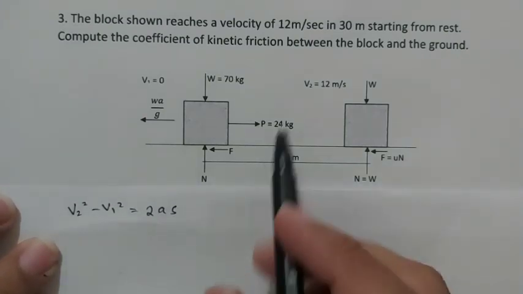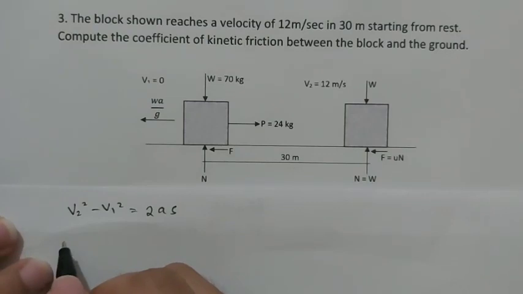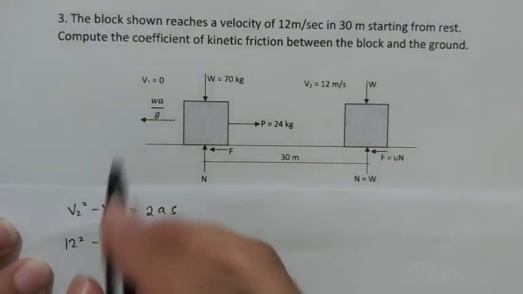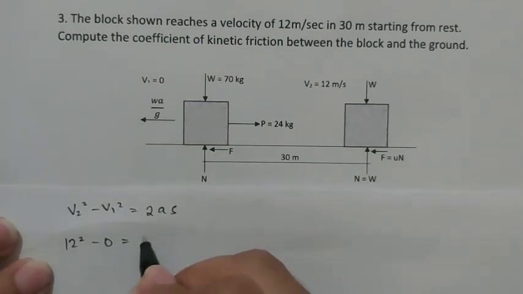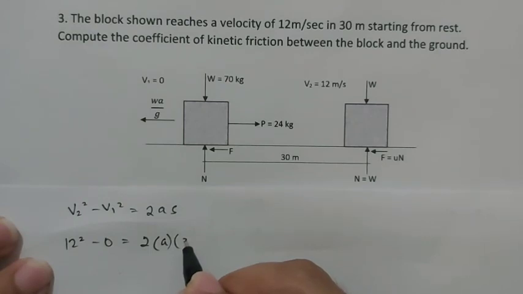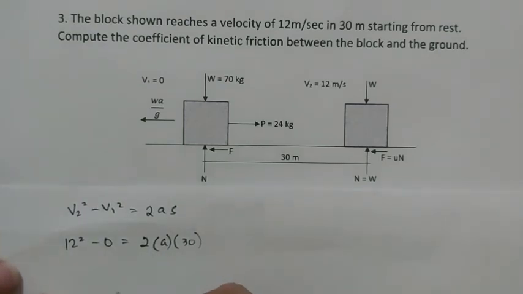So, dito sa diagram, we have given v sub 2, which is 12. So, square minus v sub 1 is 0 is equal to 2 times acceleration natin, yung hinahanap, then times the distance, 30 meters.